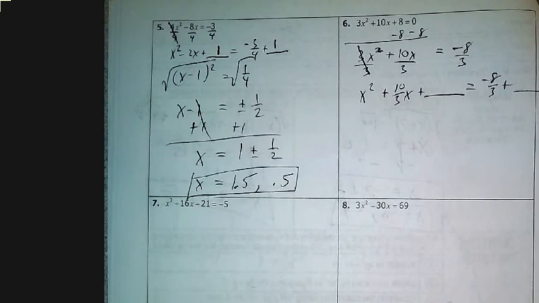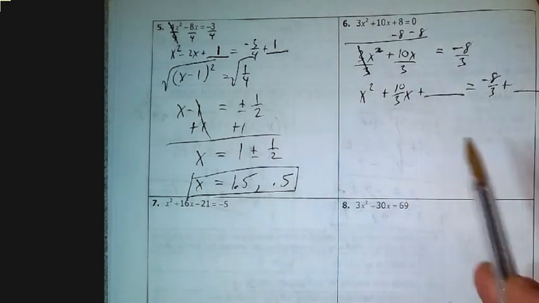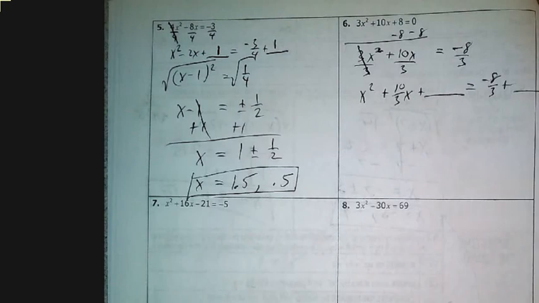That's the same as saying 10 over 3 times 1/2. It comes out to be 10 over 6, and if you reduce that, it comes out to be 5 over 3. Okay, so 5 over 3 squared.